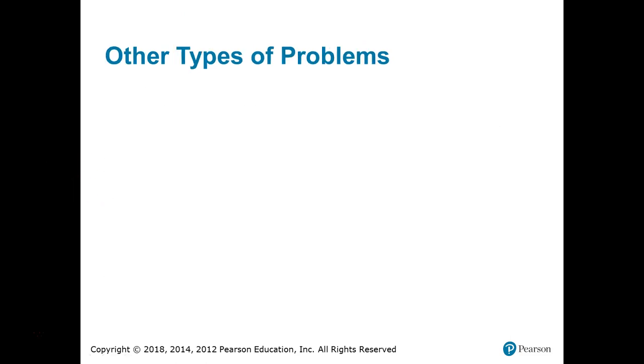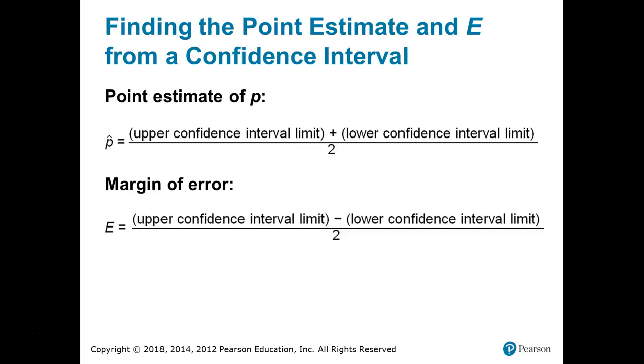There's your summary. And then other types of problems. You may be asked to find the point estimate and margin of error from a confidence interval. In this case, you are given the confidence interval, and I want to know the point estimate or the margin of error from that. So if you have the confidence interval and you want to find the point estimate, you do this equation, which is just the upper confidence interval limit plus the lower confidence interval limit divided by 2.